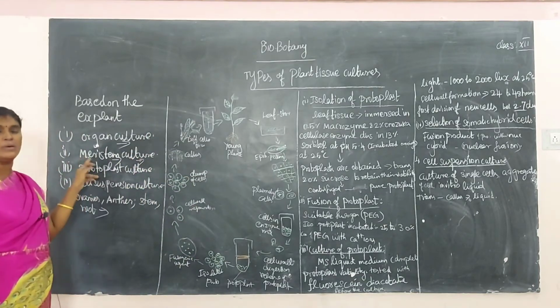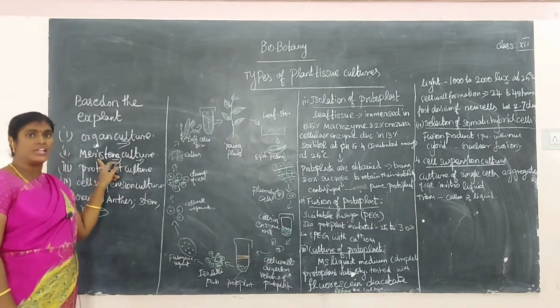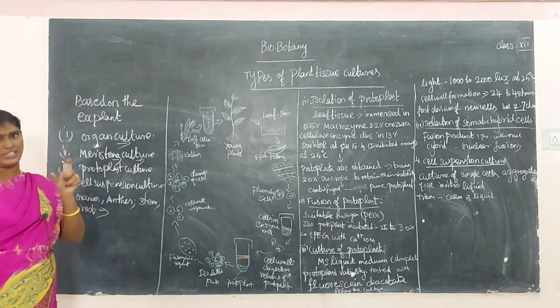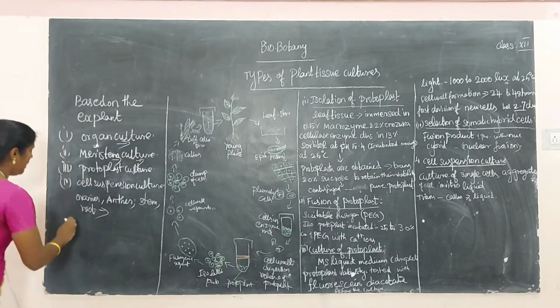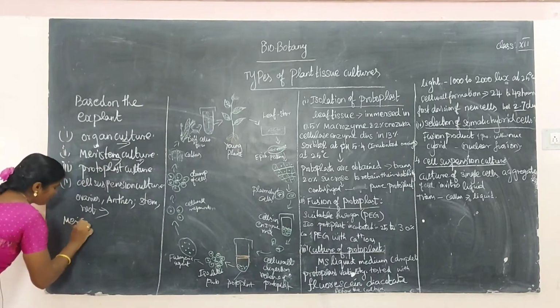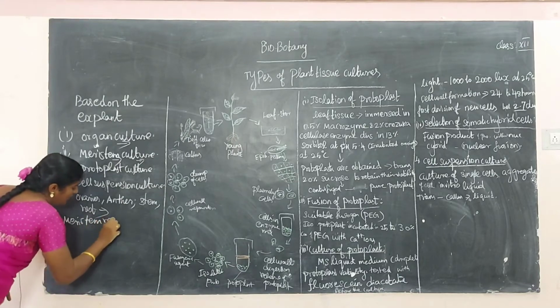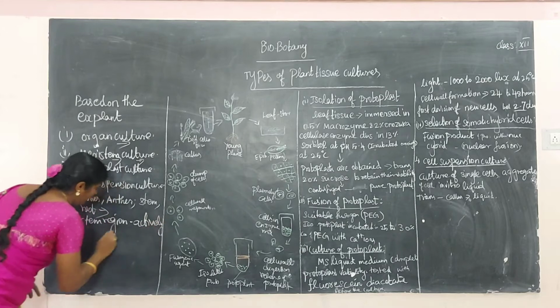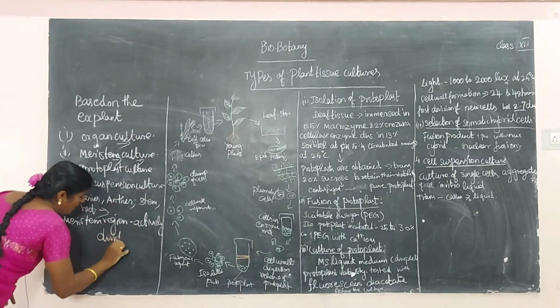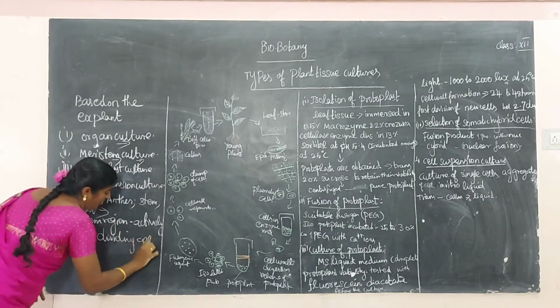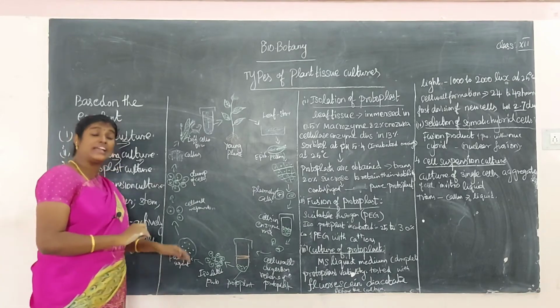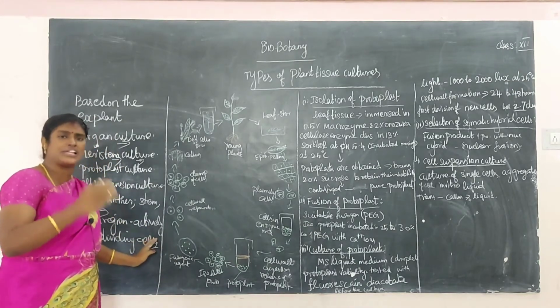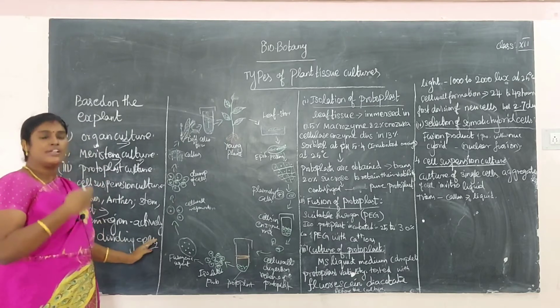What is the meaning of meristematic? Meristematic means actively dividing cells are present in this region. Actively dividing cells means the cells are capable of cell division, and cell division is actively going on in these cells, especially mitotic cell division.